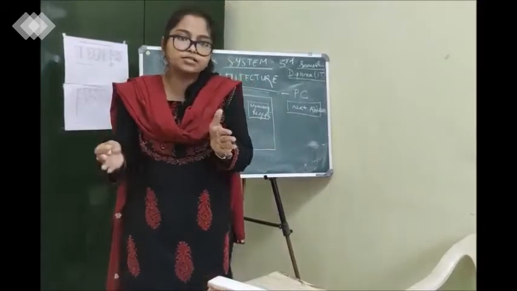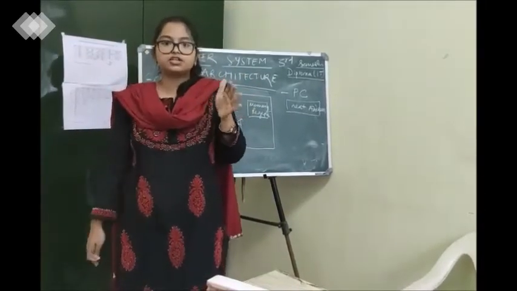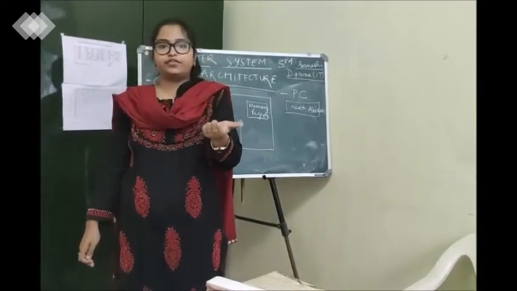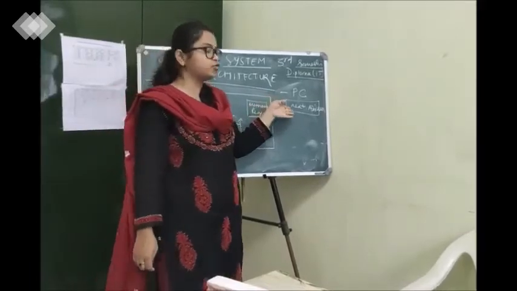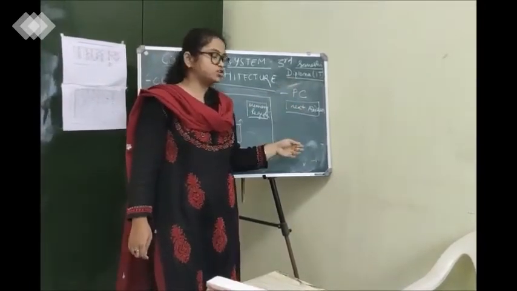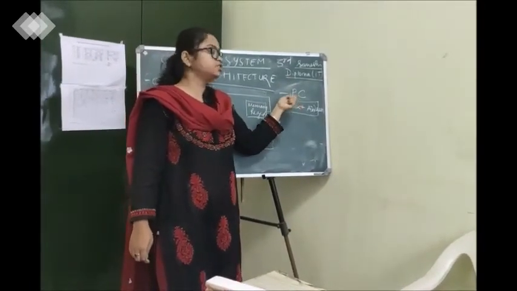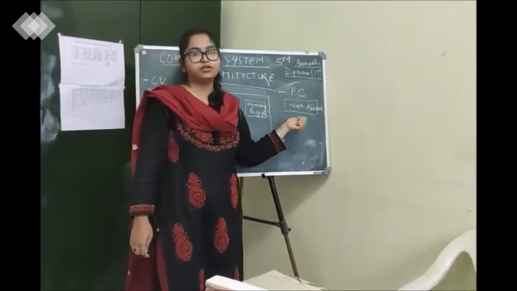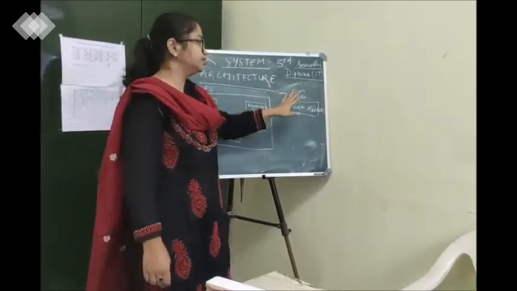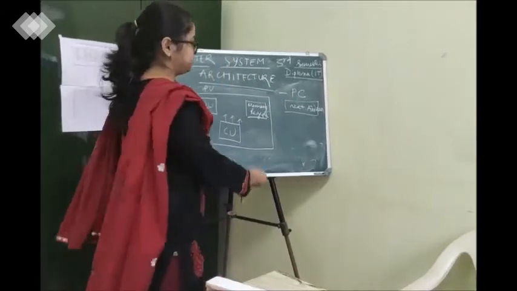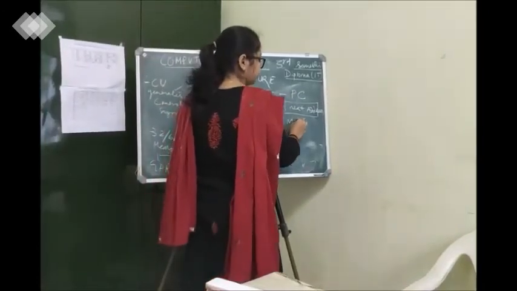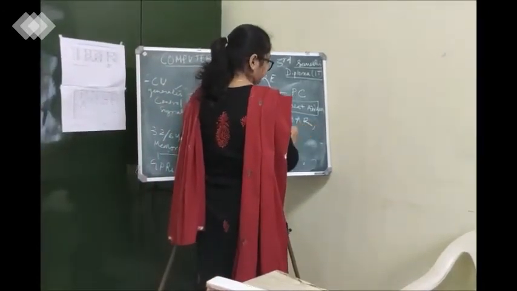Now a computer works based on what? A series of instructions. Each instruction has some address. Whenever we have to carry out the instruction execution, PC always stores the address of the next instruction. Okay, this is one of the special purpose registers. Similarly, we have other registers called MAR and MBR.